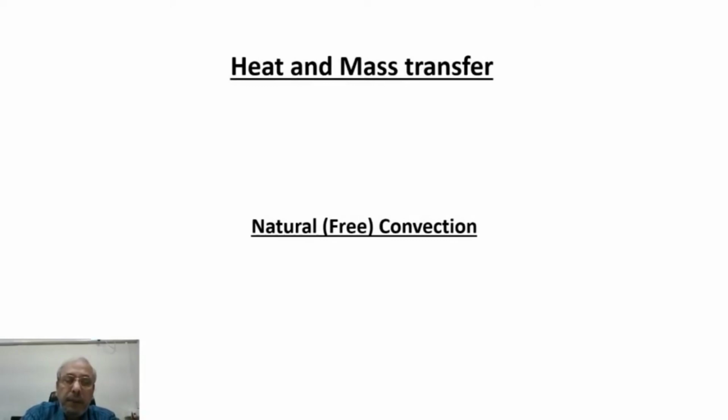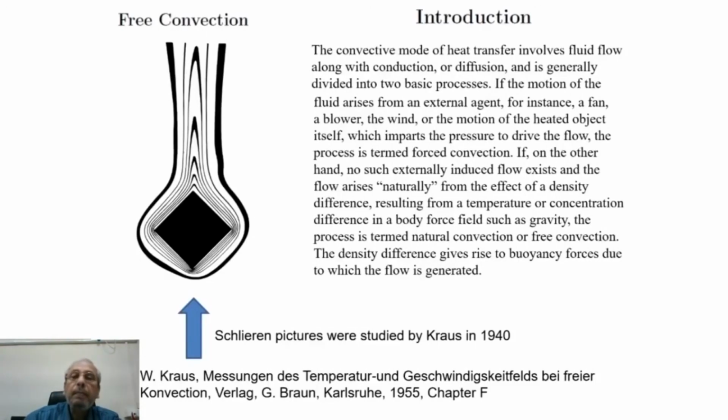Good morning, everybody. Today we will start a new topic on natural convection or free convection. Now, the convective mode of heat transfer involves fluid flow along with conduction or diffusion and is generally divided into two basic processes.